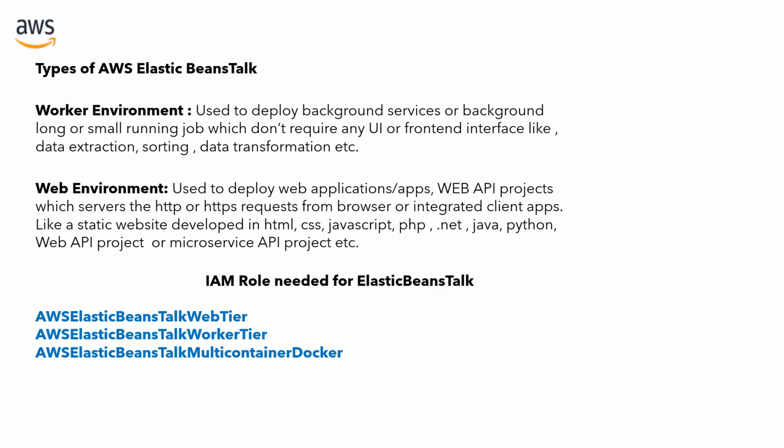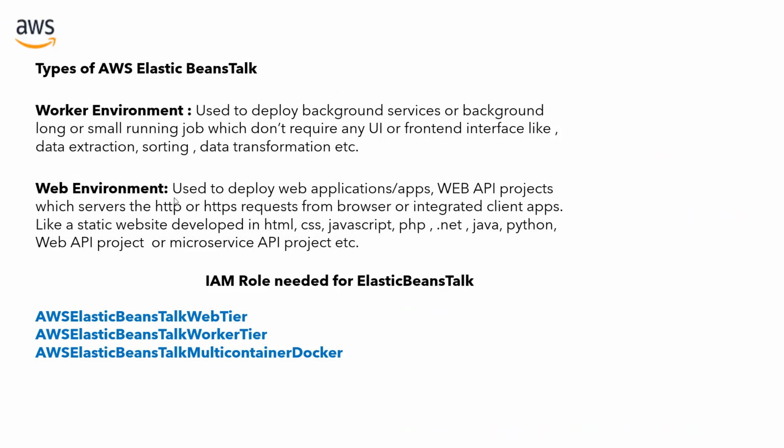All these kinds of background tasks, a background utility if we have written, we can deploy with AWS Elastic Beanstalk in the worker environment, which doesn't require any front-end UI itself.